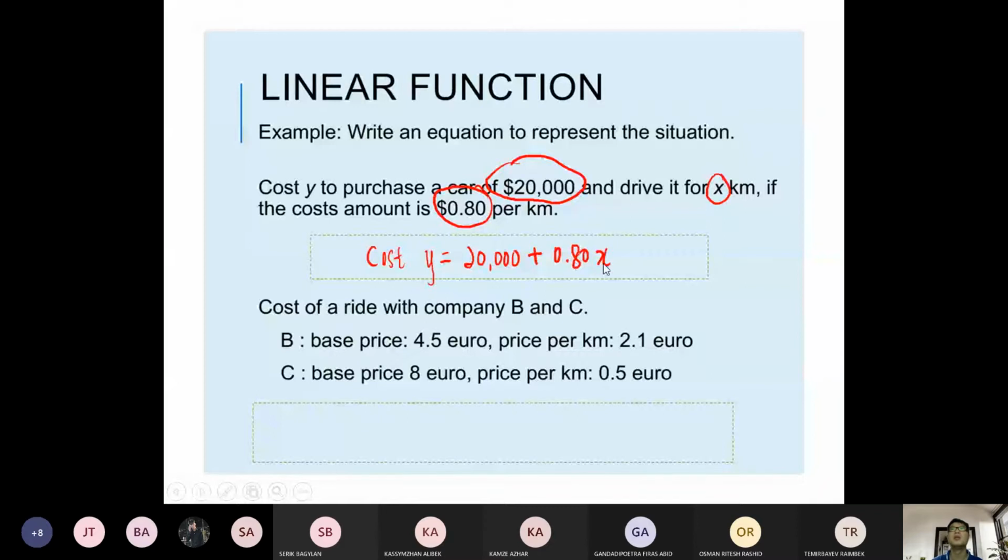Imagine if you travel for 100 km. What is the cost you need to pay?